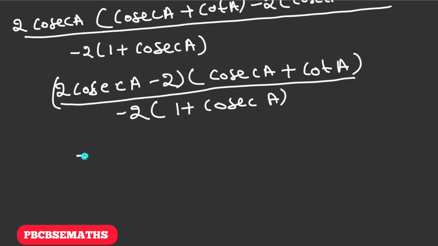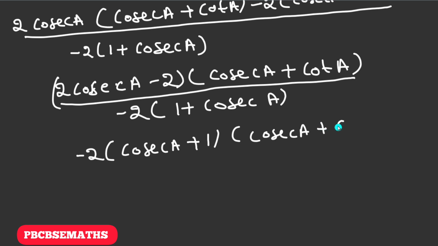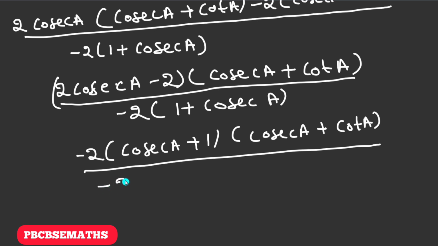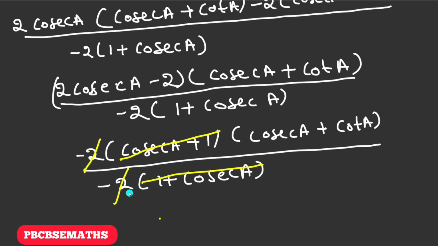If we factor out minus 2, then we are left with cosec A plus 1 into bracket cosec A plus cot A, whole divided by, we have minus 2 into bracket 1 plus cosec A. Now we know that this cosec A plus 1 or 1 plus cosec A both are the same, so we can cancel these two terms, and also we can cancel this minus 2 and minus 2.